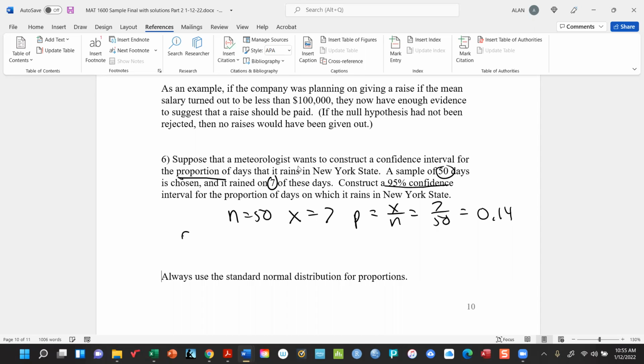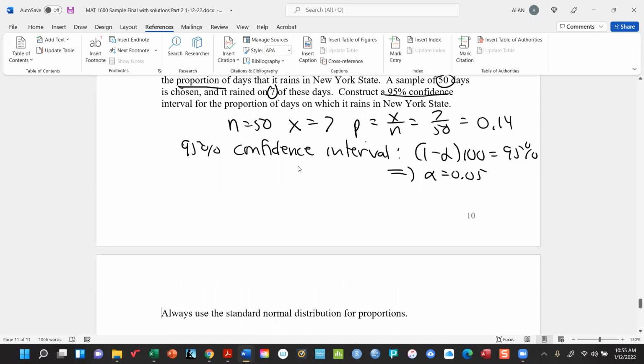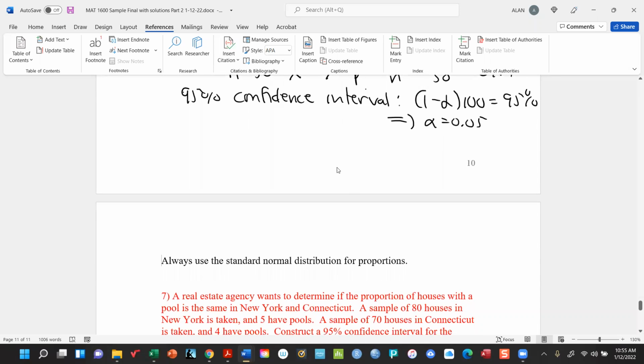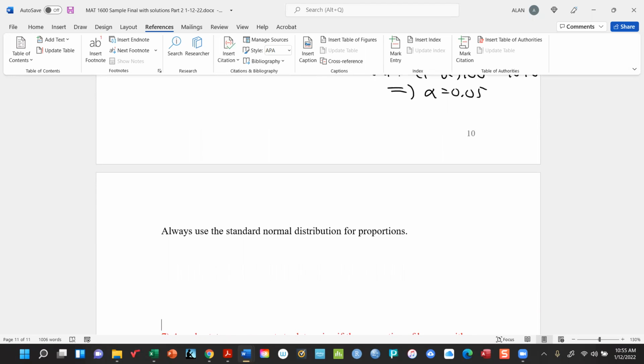Also, because it's a 95% confidence interval, one minus alpha times 100 is 95%. That implies that alpha is 0.05. Okay. Now, here's a key detail. Always use the standard normal distribution for proportions, whether it's a confidence interval or a hypothesis test.